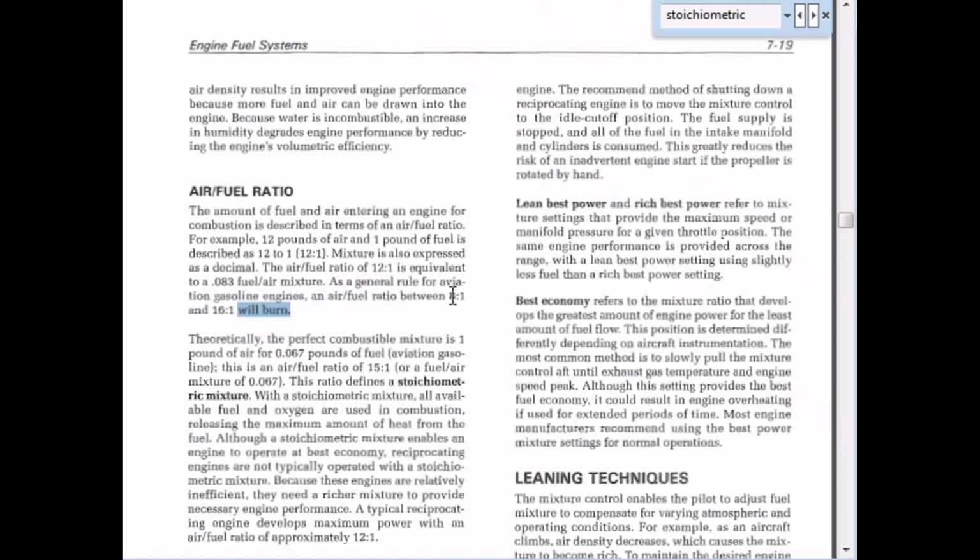If it is less than 8:1, katakanlah 7:1, 7 pound of air with 1 pound of fuel, then it will not burn. Kalau dia exceed this also, like 17:1 ataupun 18:1, tu pun incomplete. Dia tak boleh burn. It will not burn. So it must be within this range, 8:1 to 16:1.